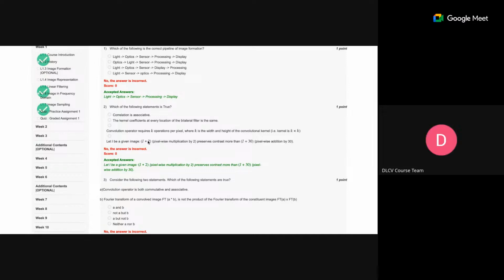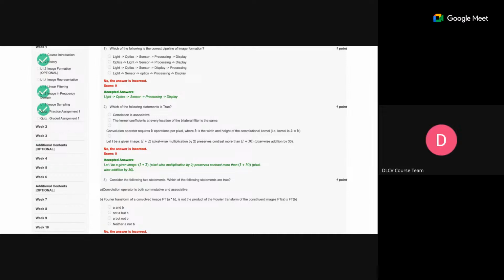Because in the first operation you are just scaling it. You're multiplying every pixel with the same number. But in the second one, you're adding some number to a pixel, so the difference will be the same when we add 30.